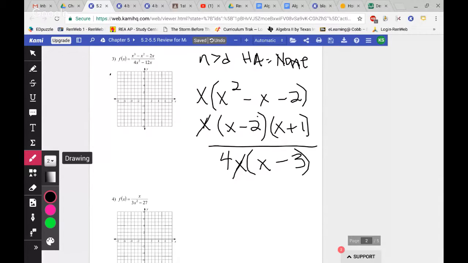You'll get to learn more about that next year with Miss Stone. For our purposes in here, we're looking for asymptotes. So you would set that bottom factor equal to 0, and that will give you your vertical asymptote. So in this particular case, we have no horizontal asymptote, and we have a vertical asymptote at 3.